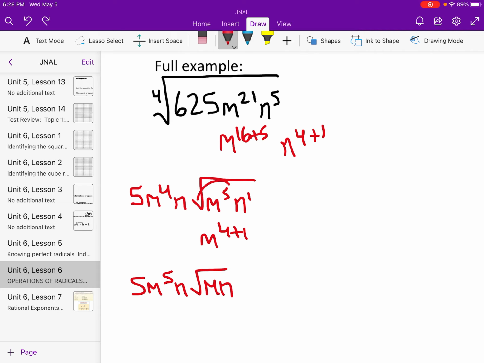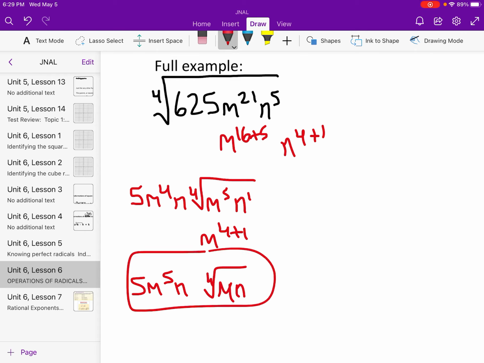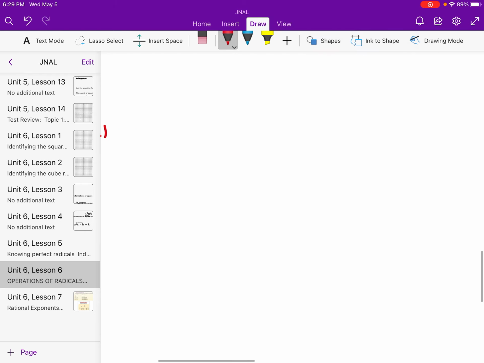Basically, if you end up with a number on an exponent in here that's greater than the index, then that means that it can be further simplified. So we need to have 4 there. I'll make this further away so you don't think that's n to the 4th. Okay, that's our answer.